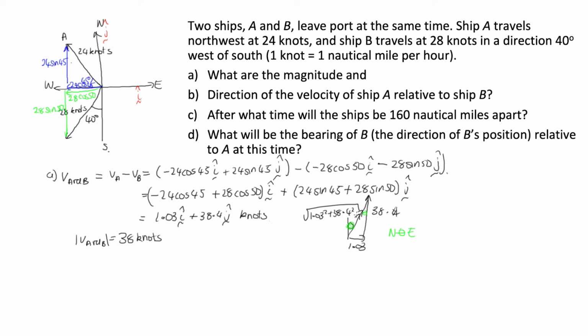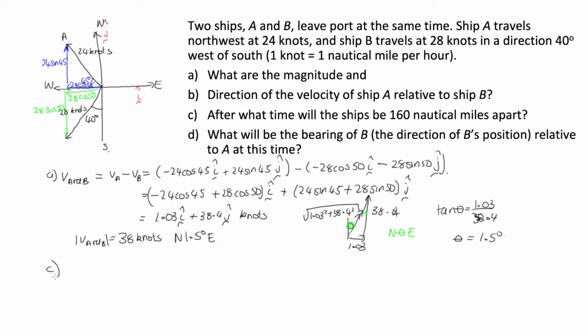So we can use tan theta is equal to opposite over adjacent. So that's 1.03 over 38.4. And solving that, theta is equal to 1.5 degrees. So part B, the answer is north 1.5 degrees east.